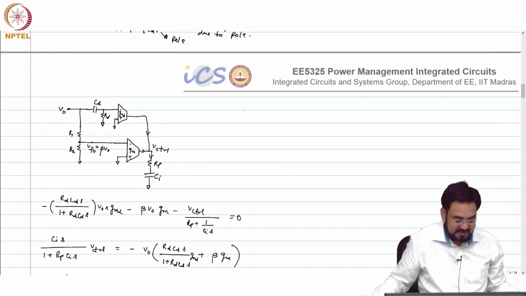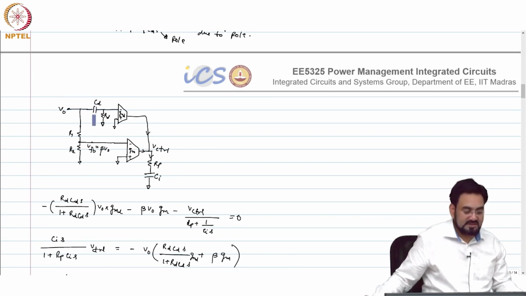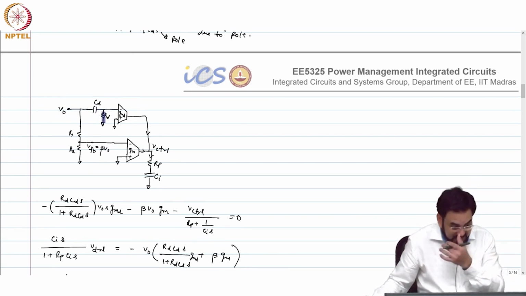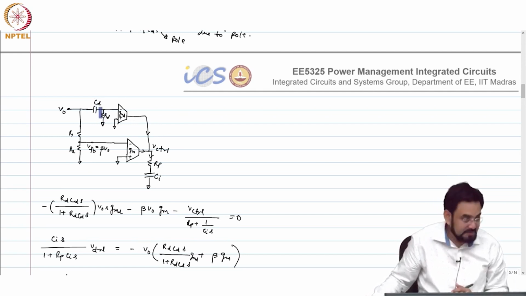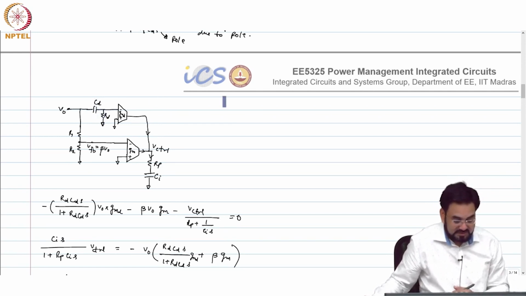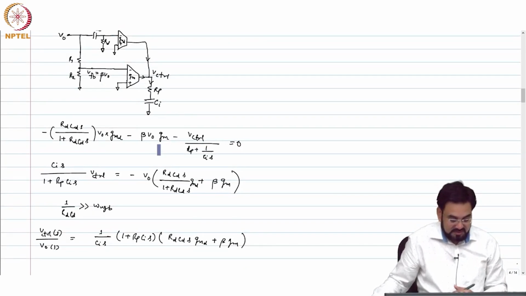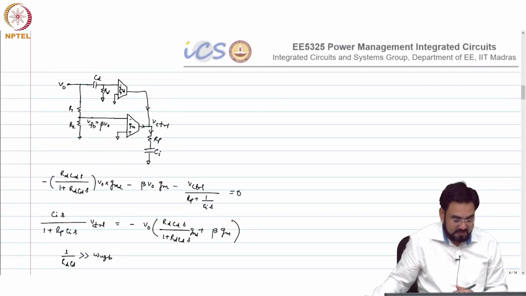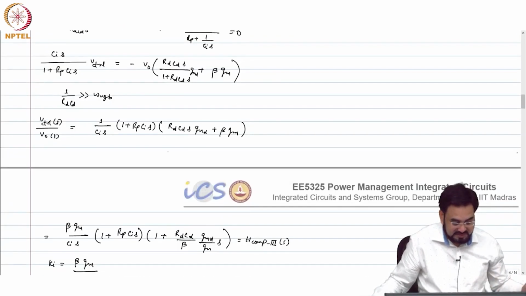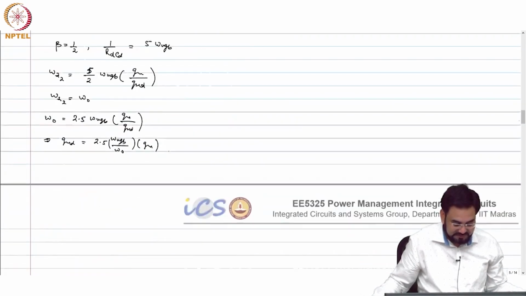So we have to add the second 0 by using this GM and the high pass RC filter, and we have to push the pole due to this high pass RC filter outside UGB, because we do not want that pole inside UGB, otherwise it will reduce your phase margin.